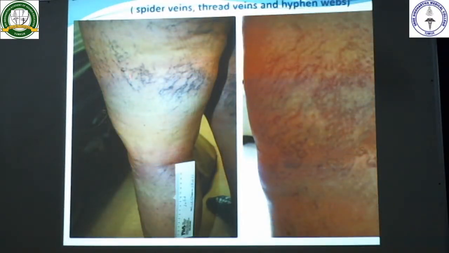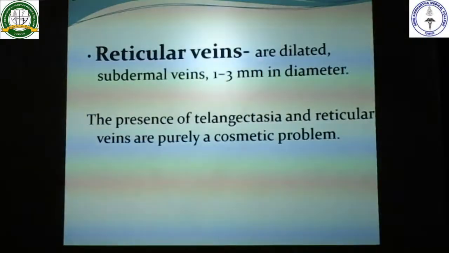So these are all very much less than 1 millimeter. These are called telangiectasias. Whenever you see these blue pencil-like marks, this indicates telangiectasias.